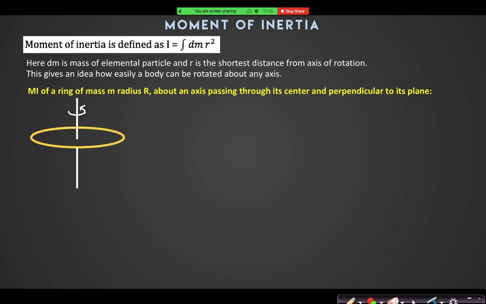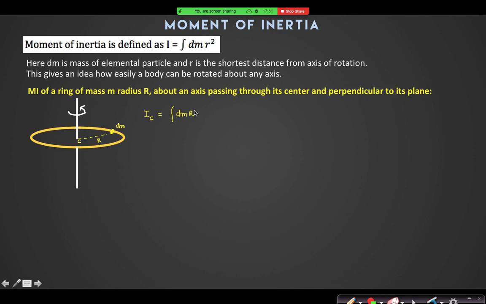Let us first find the moment of inertia of that ring. It is a ring of mass m, radius r. If it is rotating about this axis that passes through the center of the ring, then what is the moment of inertia of this ring? mr square. Simply mr square, because I can take a small element dm on the circumference of the ring, and the radius of that small element from the axis of rotation is r.